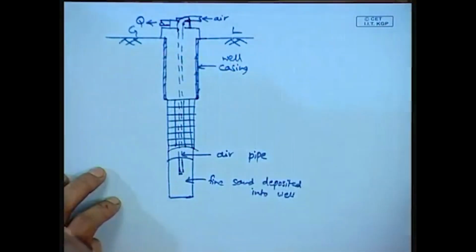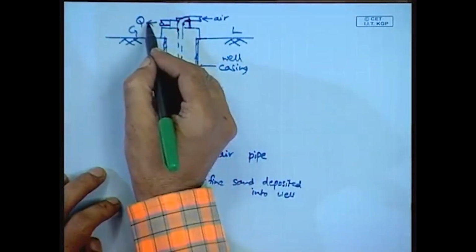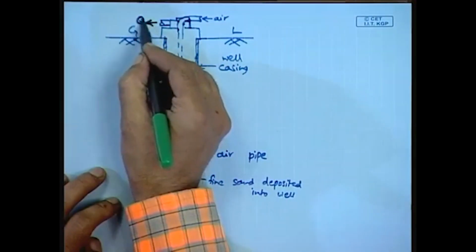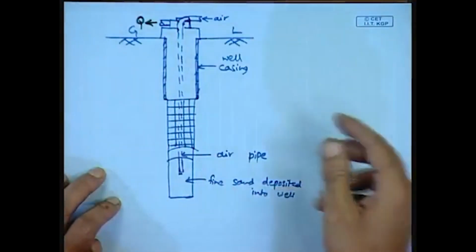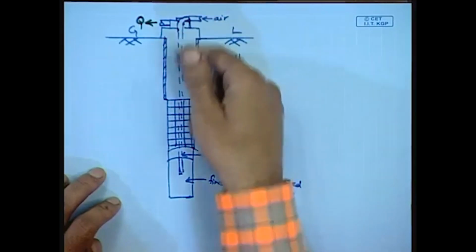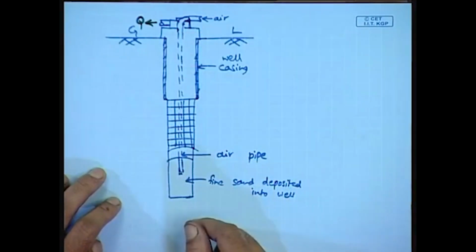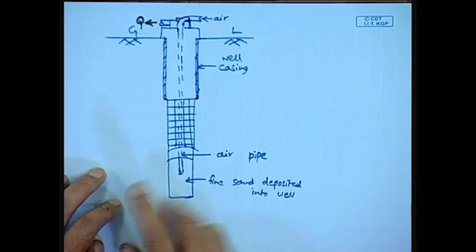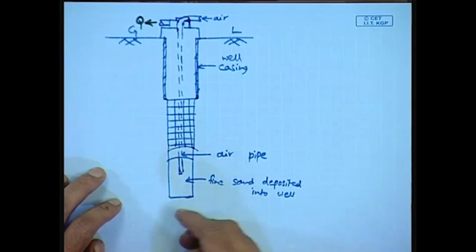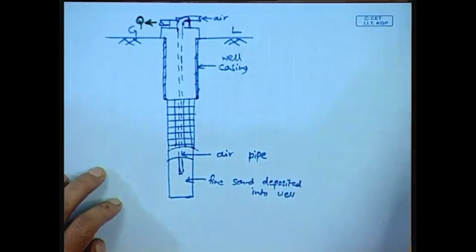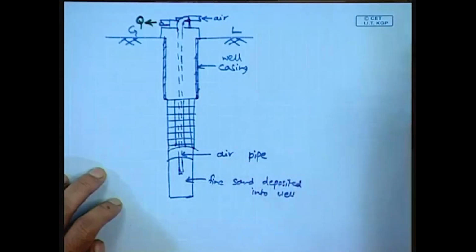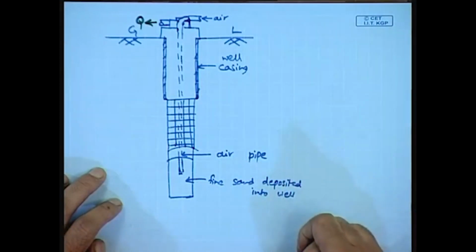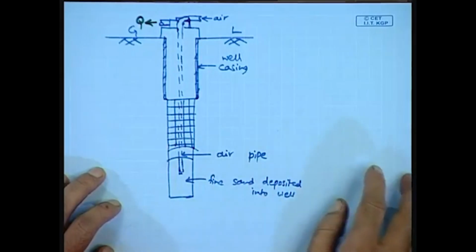This is Q, and the air jet is let in through the air pump, and what it does is blow the fine sand which is deposited.